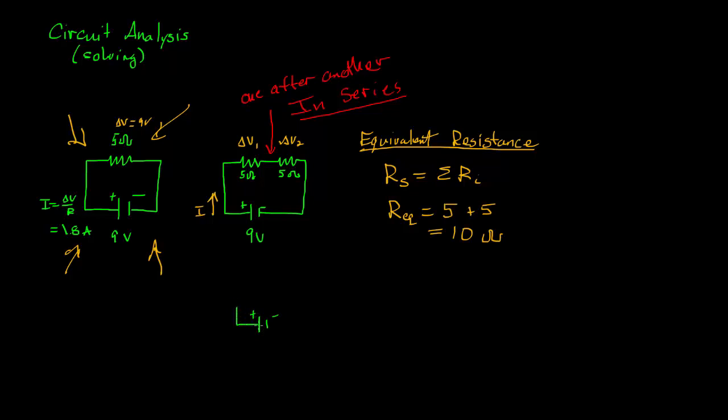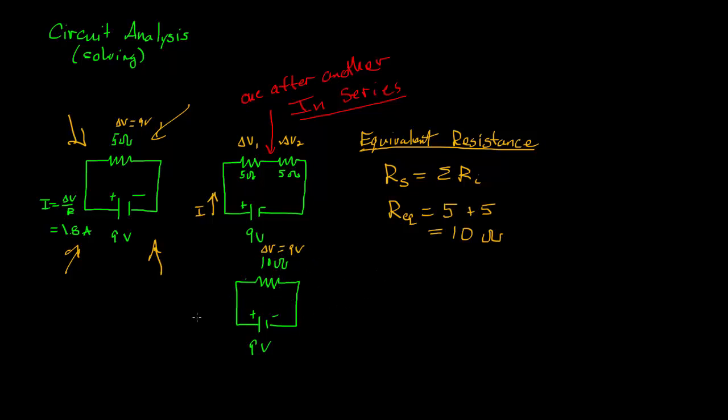We're going to redraw it, and this creates an equivalent resistor of 10 ohms. So now I know I have 9 volts and a 10 ohm resistor. So I know the potential difference across the equivalent resistor is 9 volts. And with that, I can figure out the current.